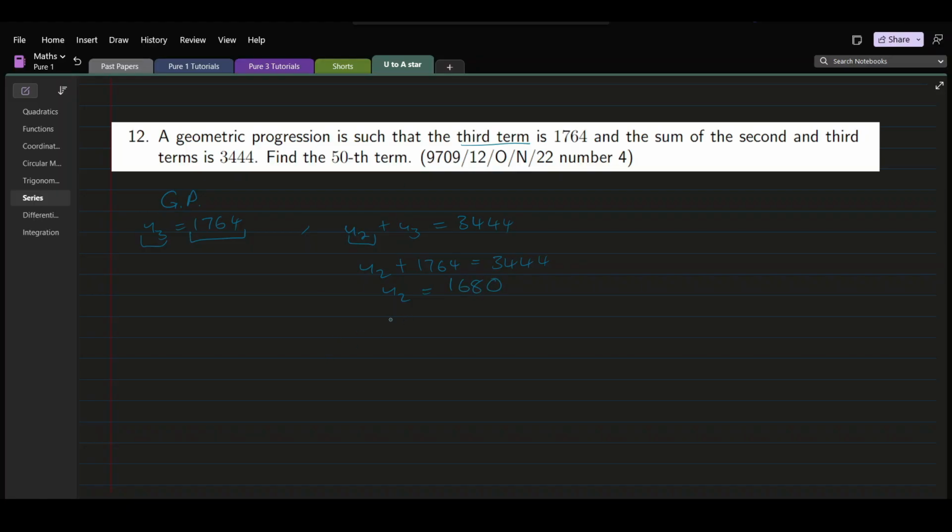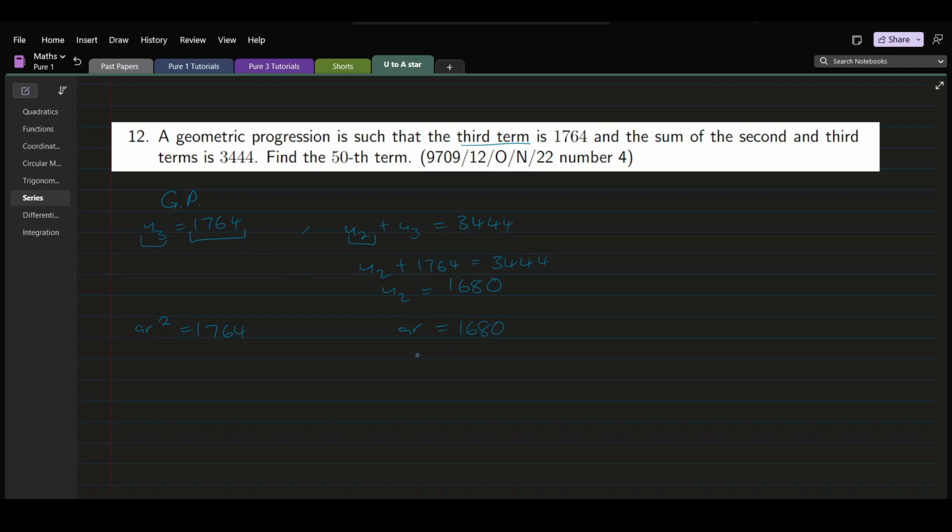So that's u2. So now that we have u3 and u2, u3 under geometric progression can be written as ar squared, and this is equal to 1,764. Then u2 is ar, which is equal to 1,680.